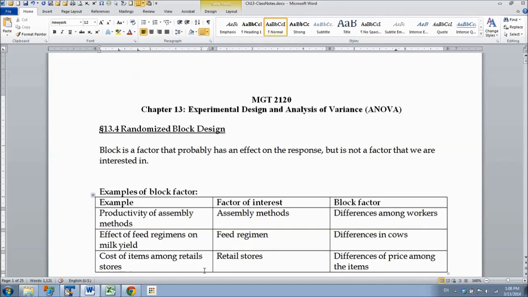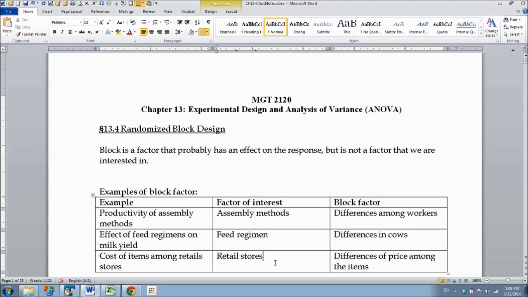One more example, cost of items among retail stores. We want to see whether there are differences in different retail stores, some discount store or Walmart or Target and so on. Are the prices different in different stores? So here our factor of interest is stores. Is there a difference due to different stores?